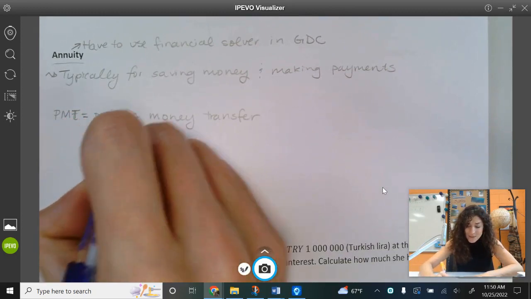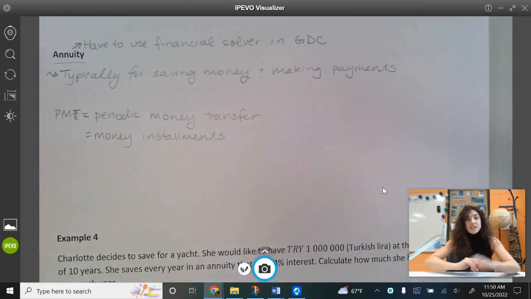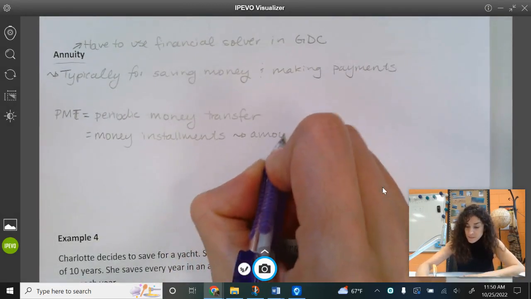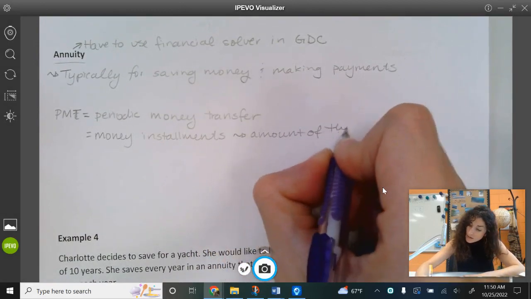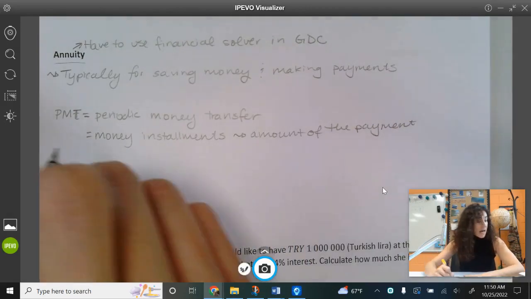So they are money installments. It's the amount that you put in, the amount of the payment. That is probably a better way of phrasing it.